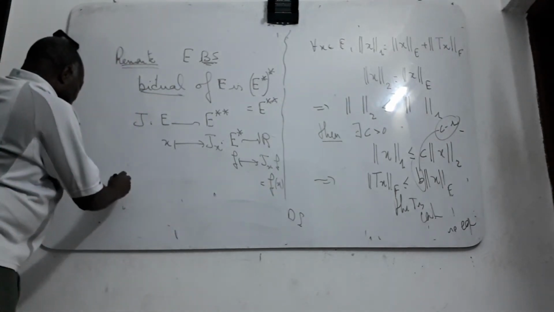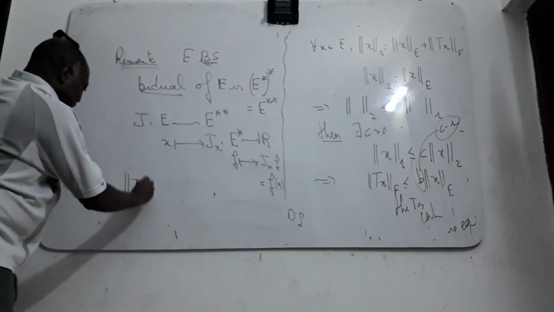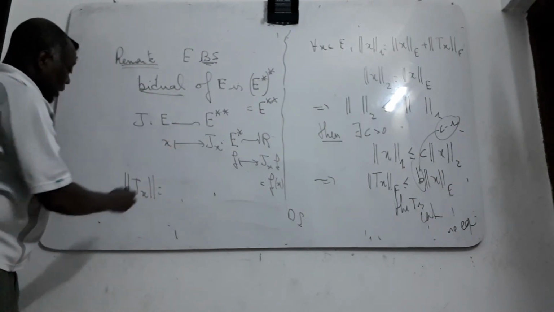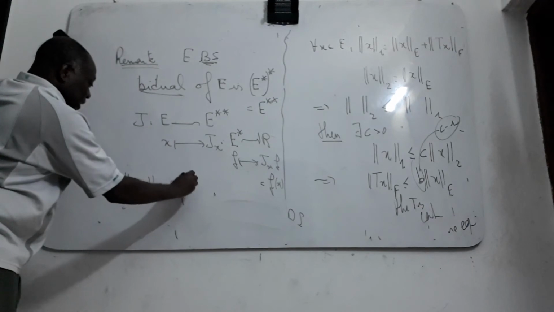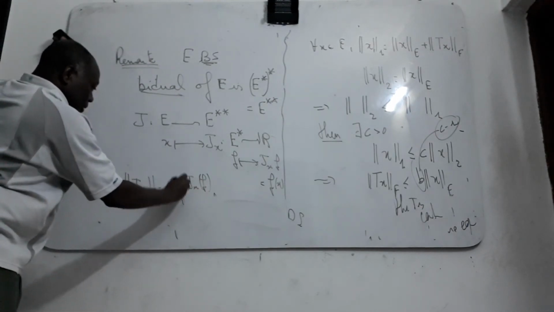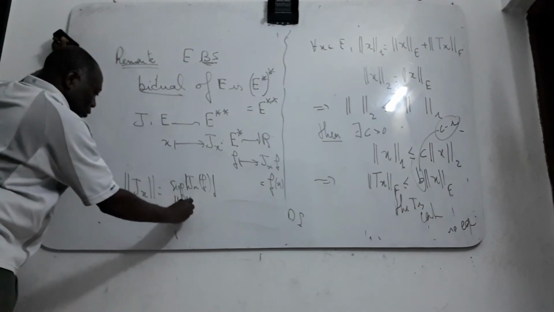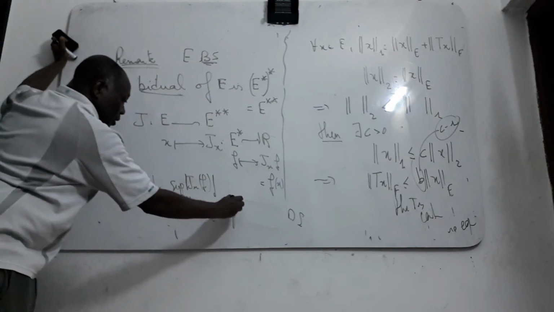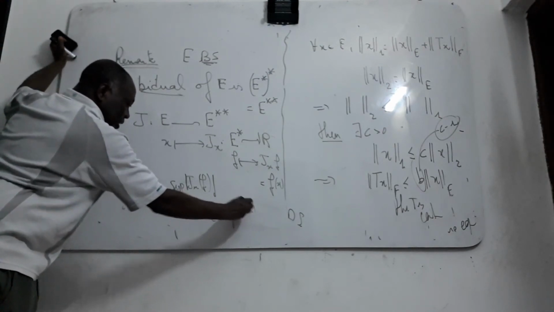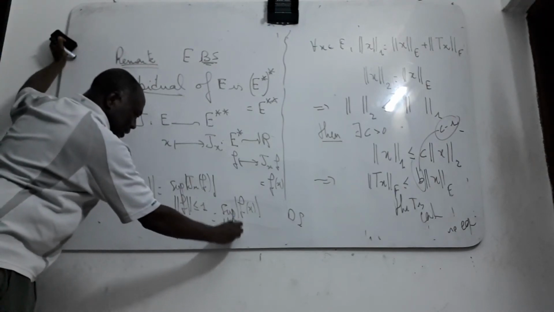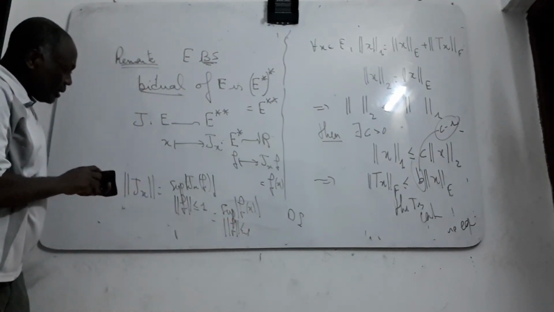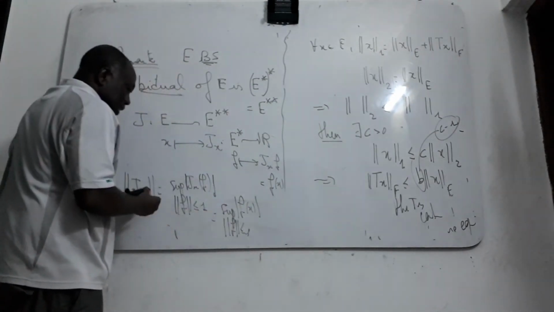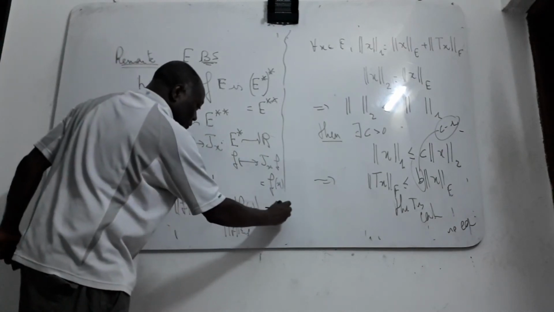And when I compute the norm of Jx, it will be the supremum of the absolute value of Jx of f, where f in the dual has norm less than 1, which is exactly the supremum of f of x when the norm of f is less than 1, which is less than, from here, exactly the norm of x.